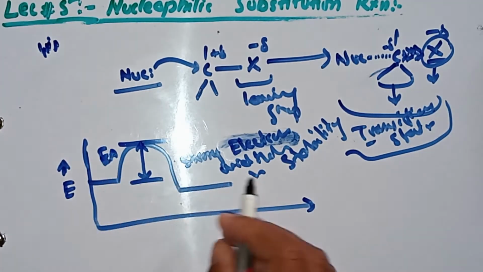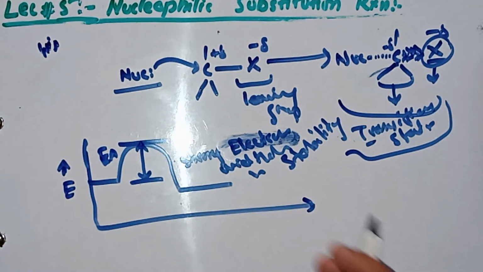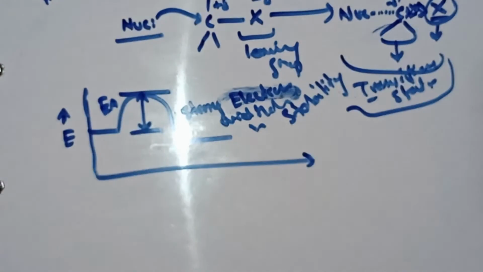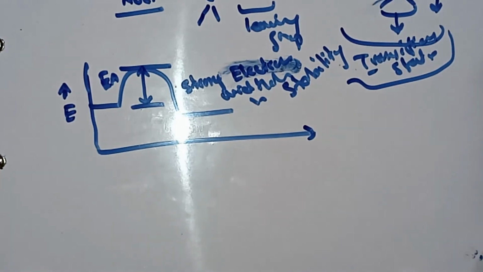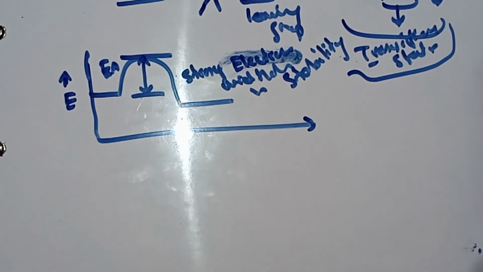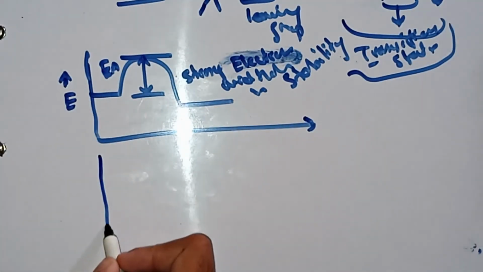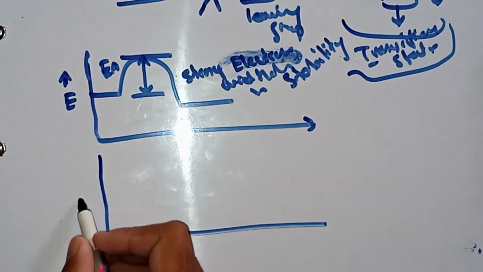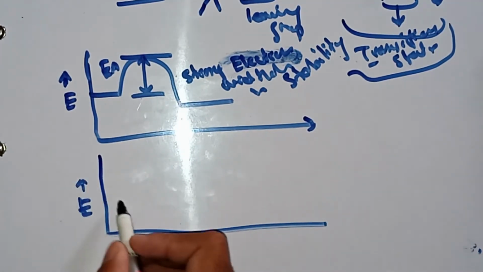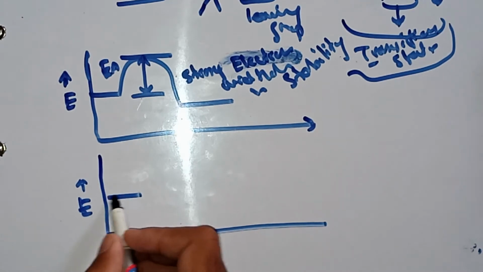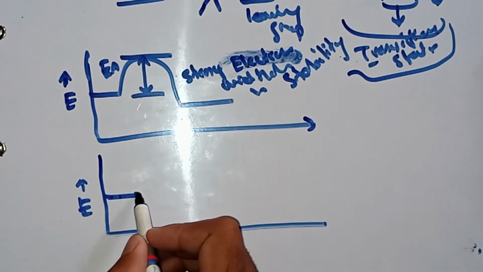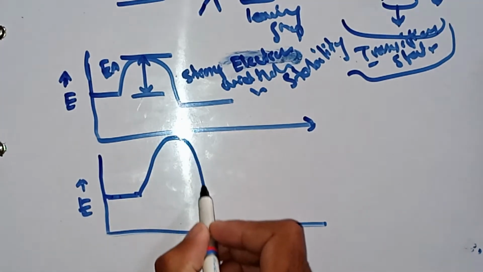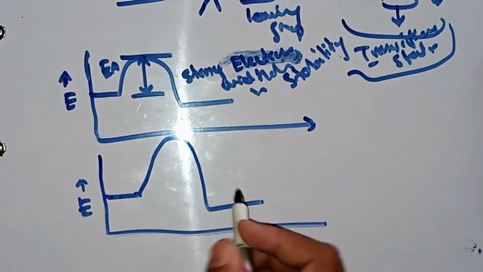But in the case of a weak electron withdrawing group, what will be the situation? Let's suppose this is the initial state of the reaction, and the reaction will be like that.